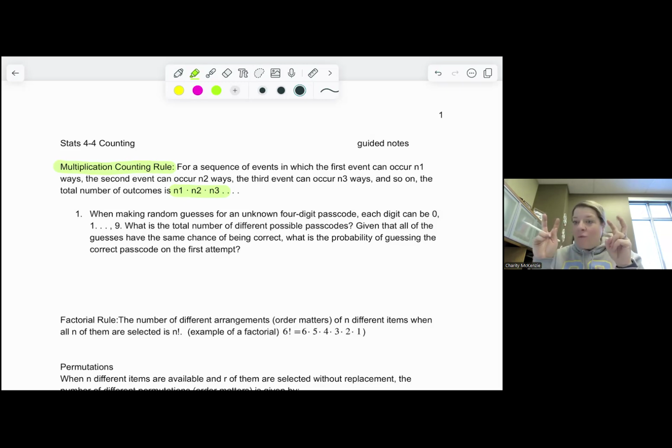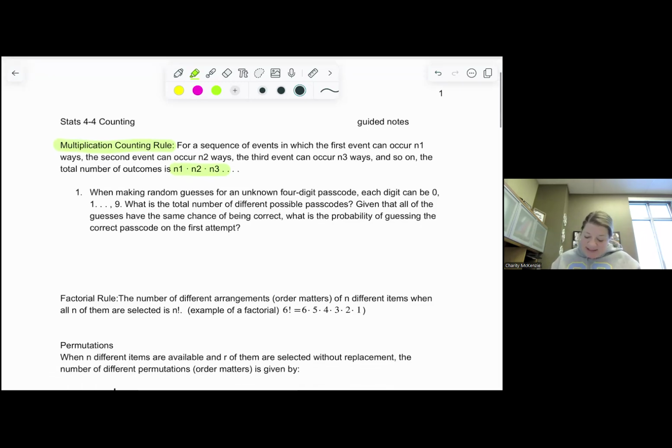Those numbers of ways for each one, you basically multiply by each other. So 10 times 10 times 10 times 10. Well, if I said none of the numbers repeat, then you would do 10 times 9 times 8 times 7. So there are all these counting ways where we just multiply together to get the total number. And that's what this idea is.